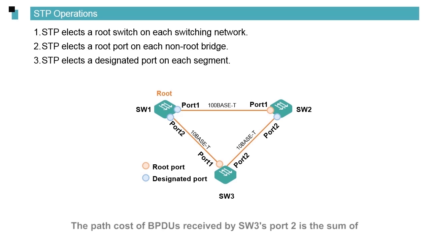The path cost of BPDUs received by SW3's port 2 is the sum of the port costs of SW2's port 1 and SW3's port 2. Based on link bandwidths, SW3's port 2 has a smaller path cost. Therefore, SW2's port 2 is selected as a designated port.